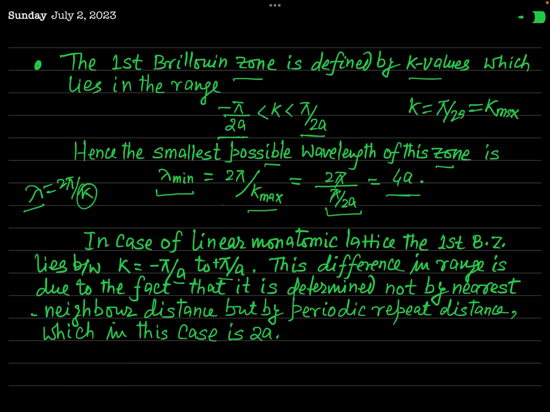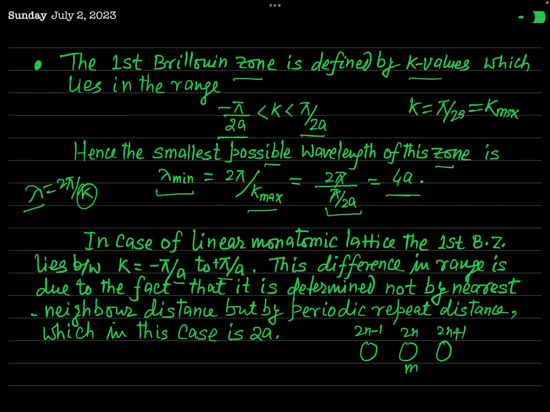Because in finding the boundary of a Brillouin zone, we have to see in this case not the nearest neighbor distance. Actually here you have seen that there are two types of atoms. If this is 2n, this is 2n plus 1, and this is 2n minus 1.